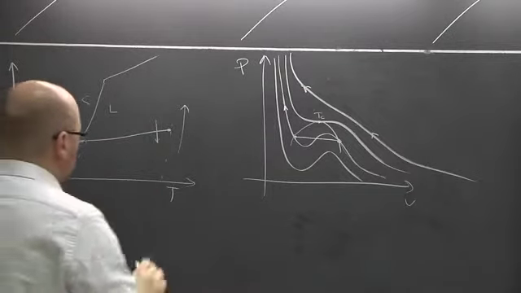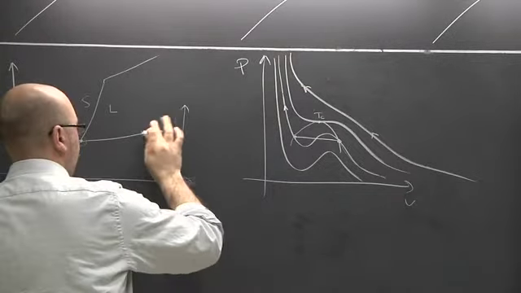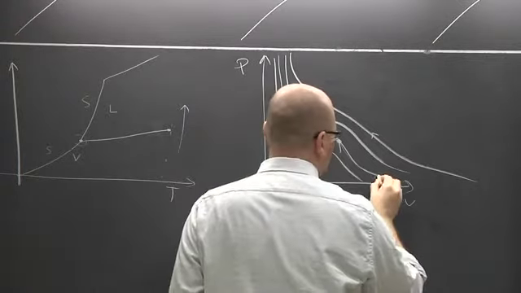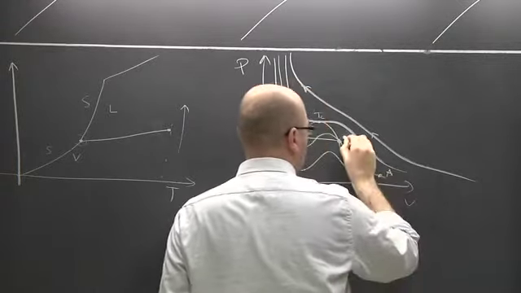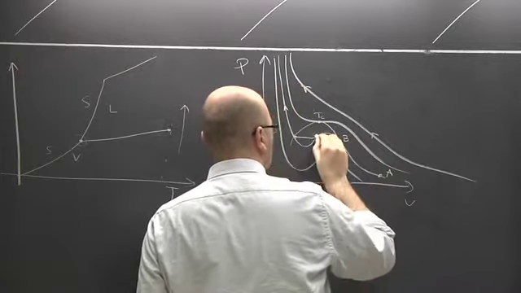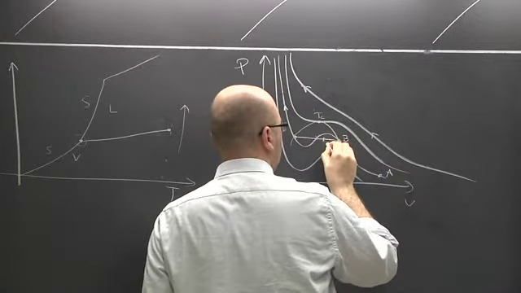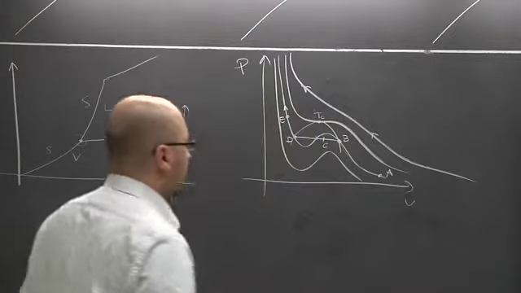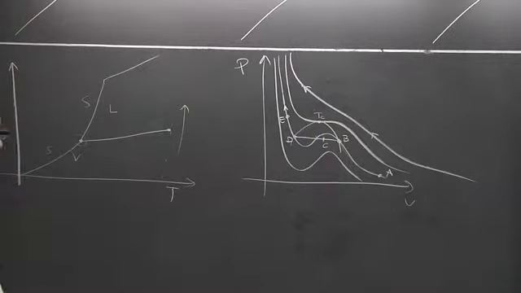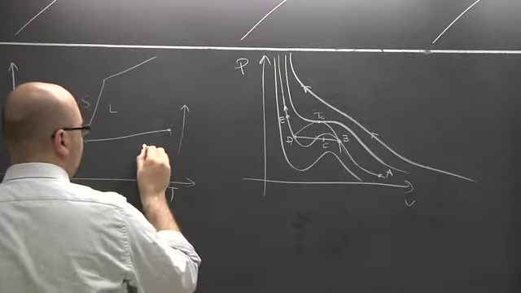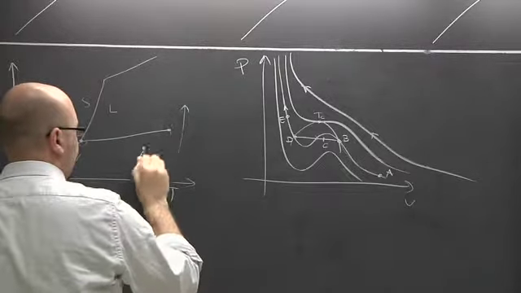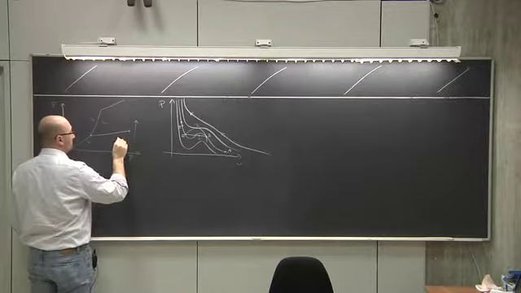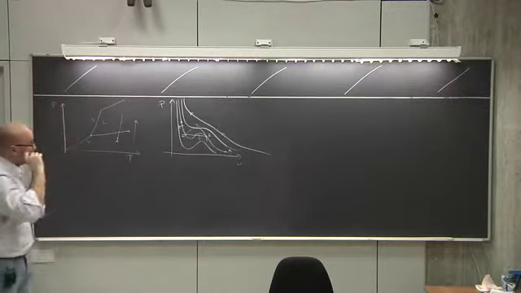So let's put some points on this line. So this is A, B, I don't know, C, some point over here, D, and E. So point A is here. And then I go up, let's say on this line like this, constant temperature.